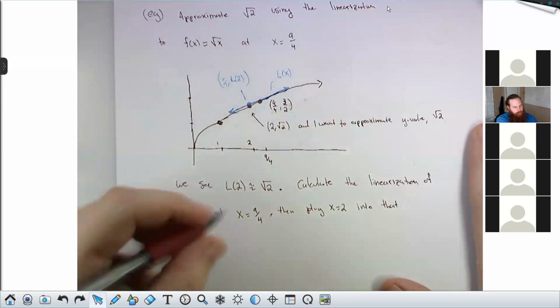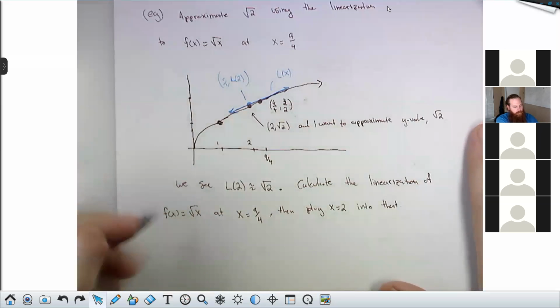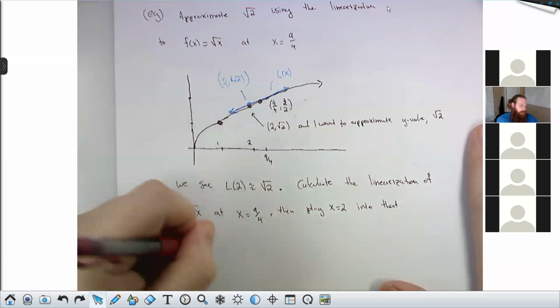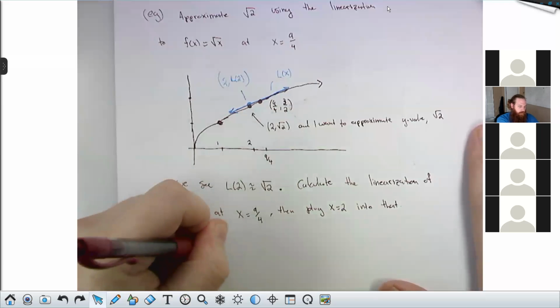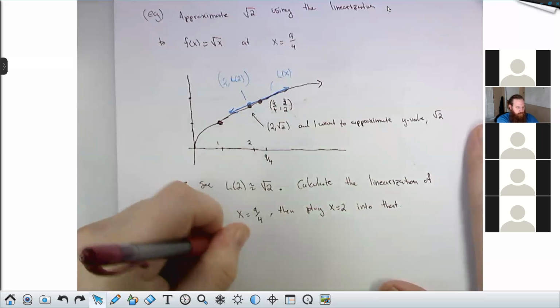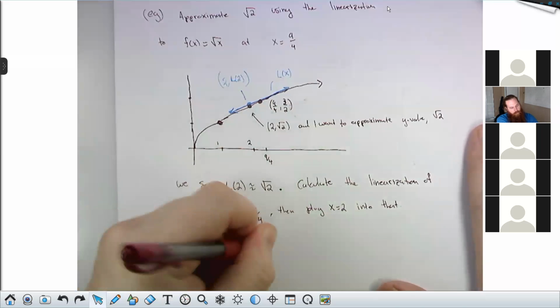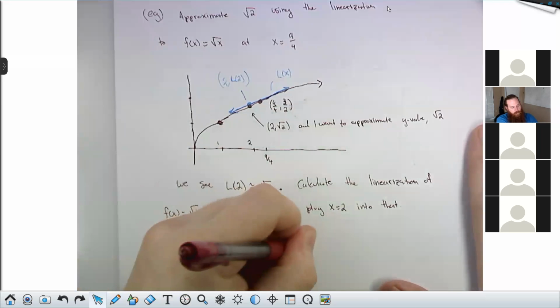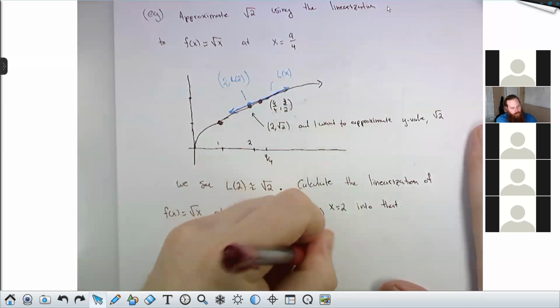All right, let's do it. The linearization is the same as the tangent line. So I just need to find the tangent line. To do that, I take the derivative. F primed of x here is x to the 1/2 primed, which is 1/2 times x to the negative 1/2, or 1 over 2 times the square root of x.